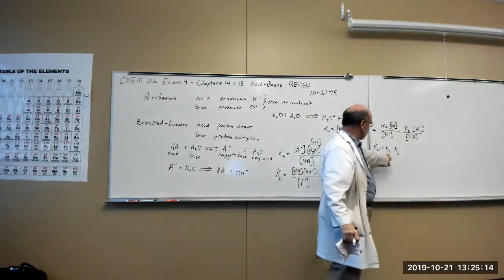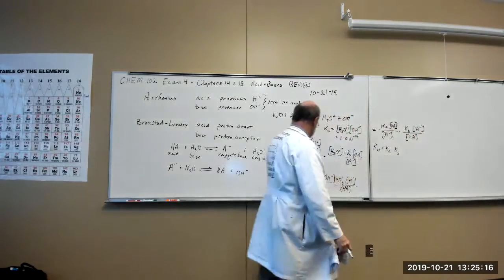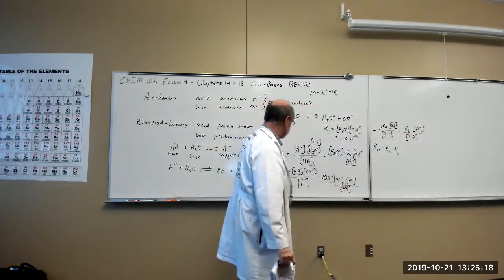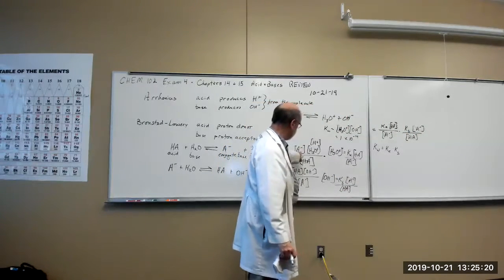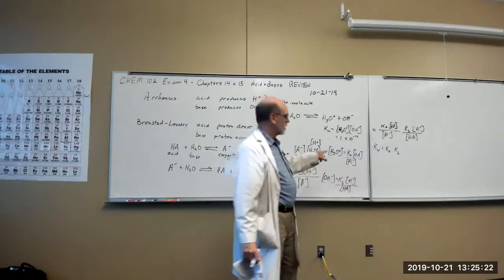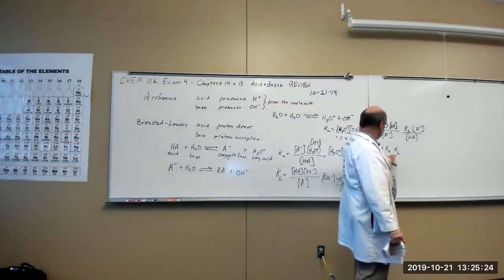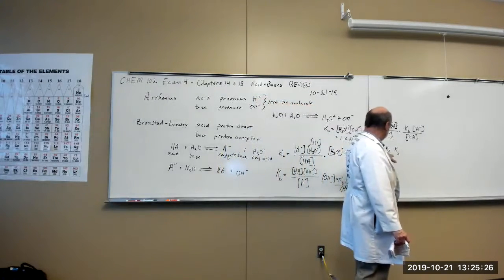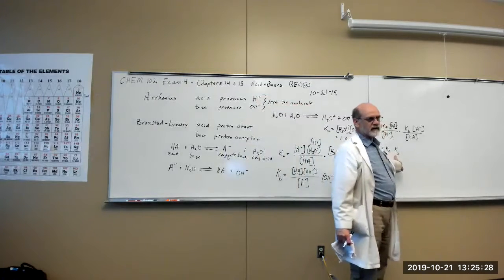So if you have a Ka for an acid and you want to know the Kb for its conjugate base, here the A minus, then all you need to do is divide Kw by Ka, and that'll give you Kb.